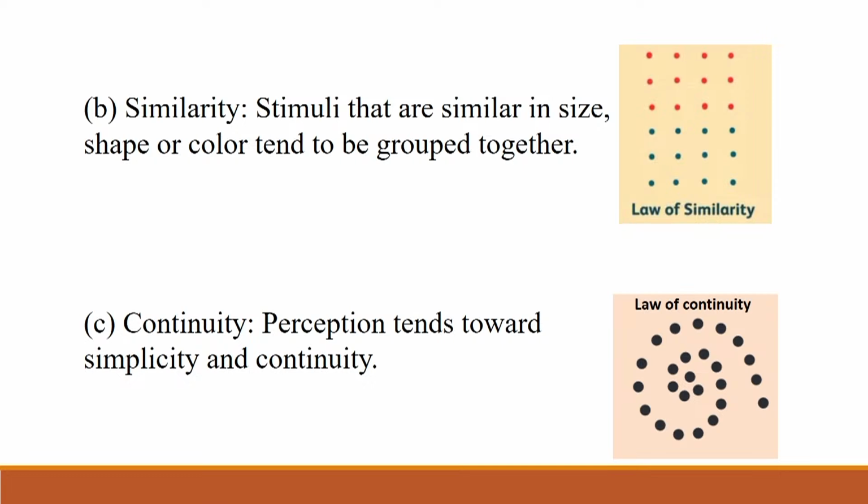So we tend to perceive objects as a complete picture. We will not say that there are so and so number of dots in the picture, rather we will say that it is a concentric circle. So we try to fill in the gaps by ourselves in perception.